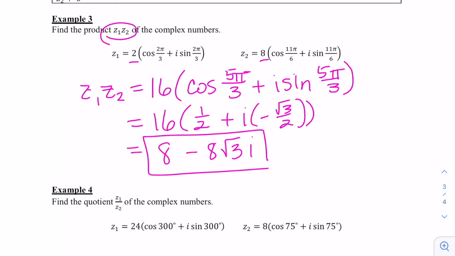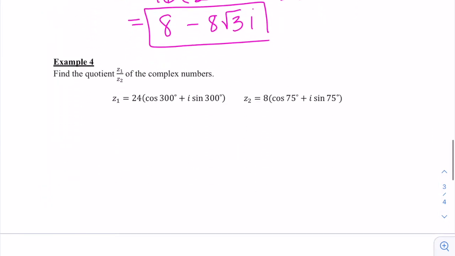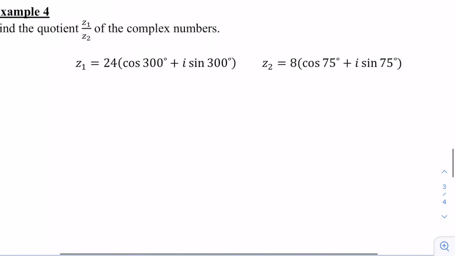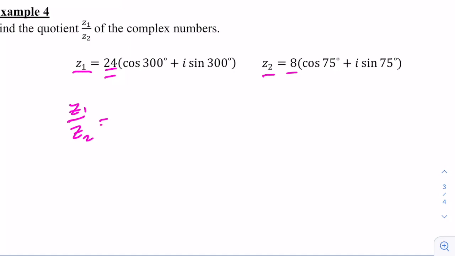All right, to simplify. Now let's look at the quotient. If we're going to find the quotient of these two complex numbers, we're going to divide 24 by 8, so Z1 over Z2. That's going to be 3. And then we actually subtract the angles. So 300 minus 75 is 225.